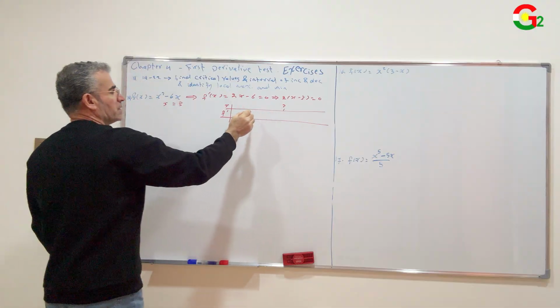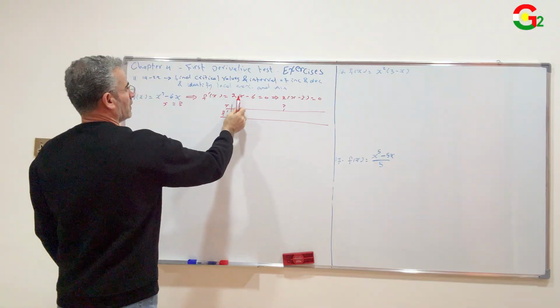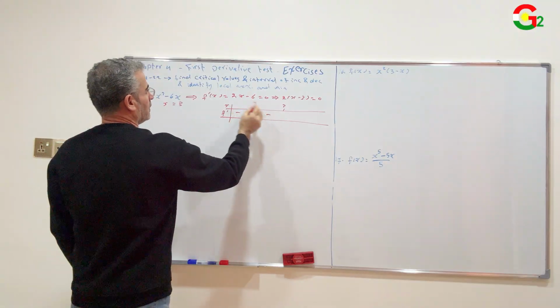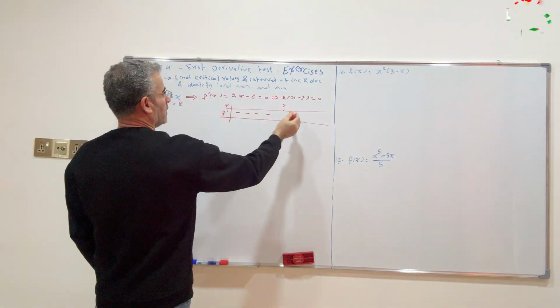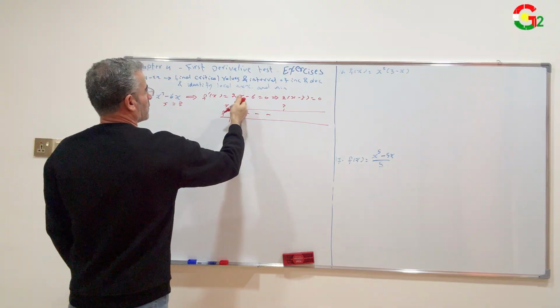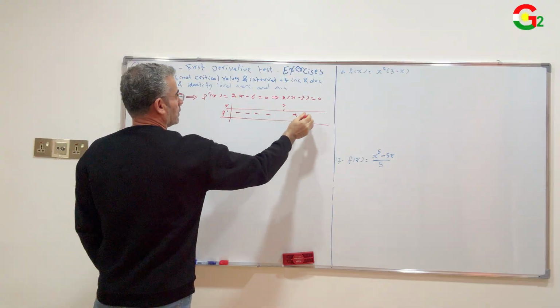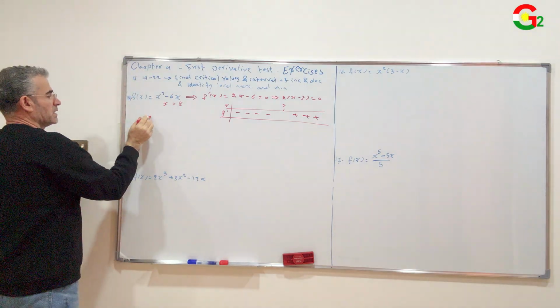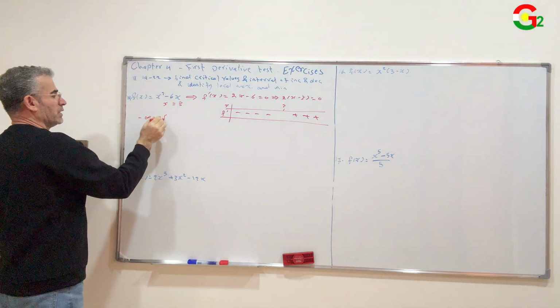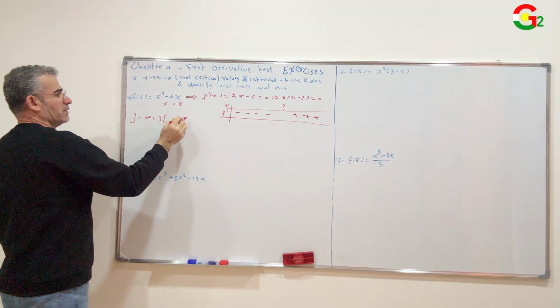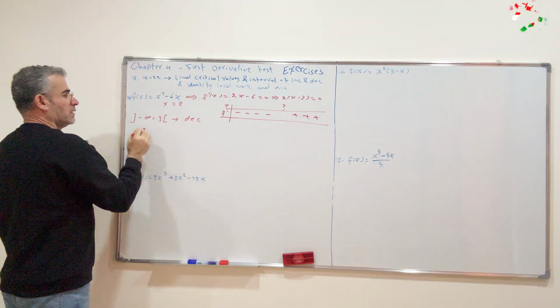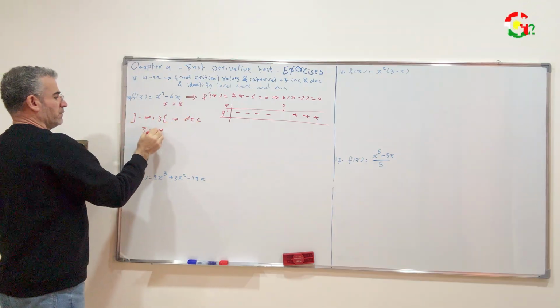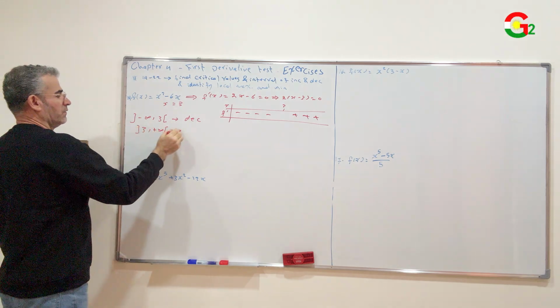Before 3, take 0. Find the derivative at 0: 0 minus 6, negative. Take 4: 2 times 4, 8, minus 6, 2. Then the interval from negative infinity to 3 is the interval of decreasing, and from 3 to positive infinity is the interval of increasing.